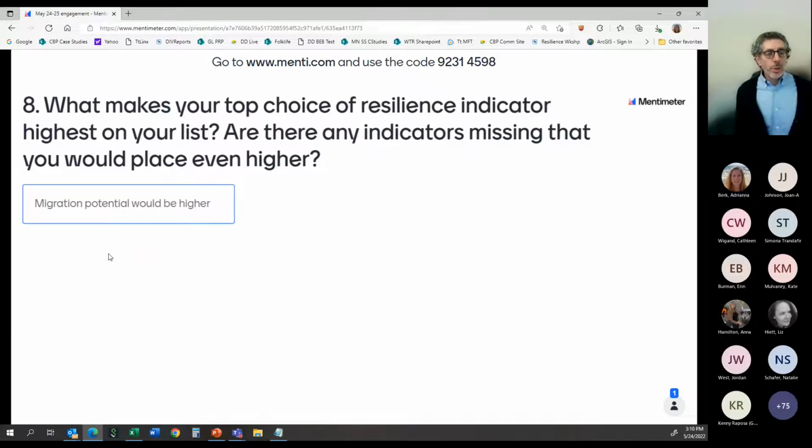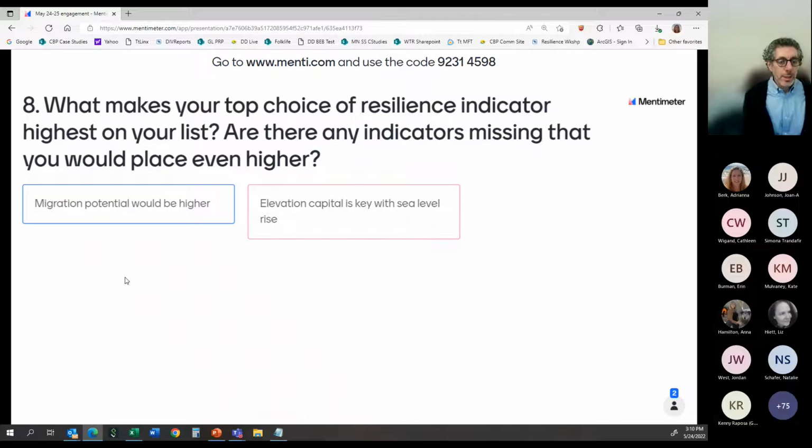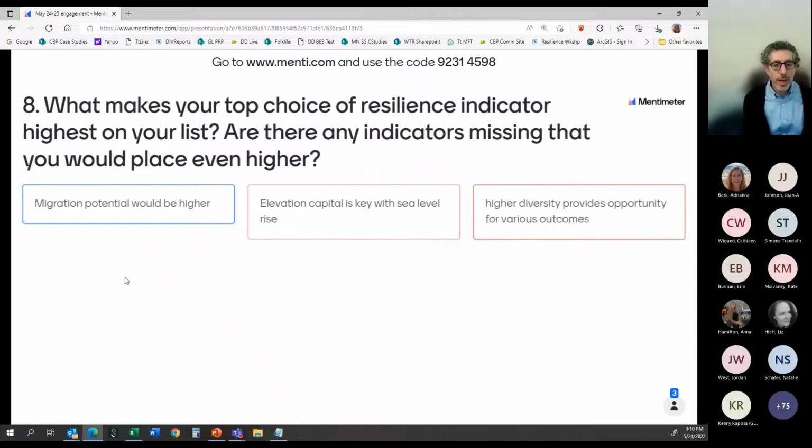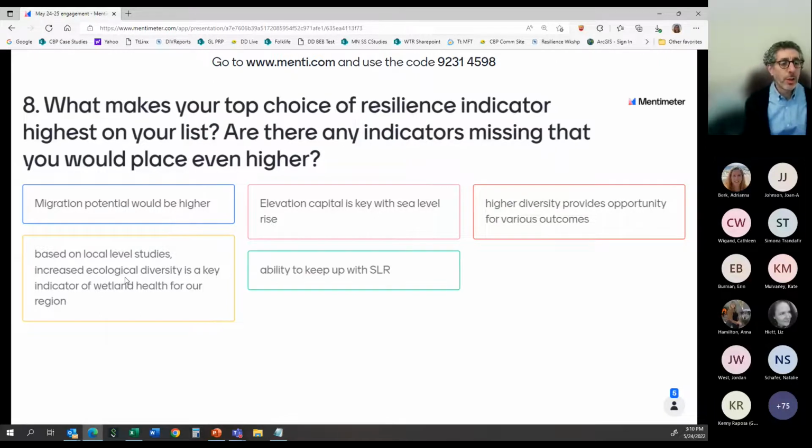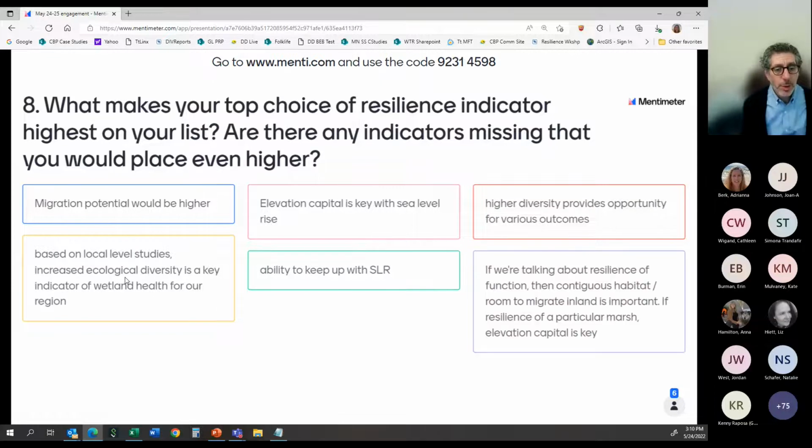Migration potential would be higher. That's why I made it the top choice. Elevation capital is key with sea level rise. Higher diversity provides opportunity for various outcomes. Based on local level studies, increased ecological diversity is a key indicator of wetland health for our region and ability to keep up with sea level rise.